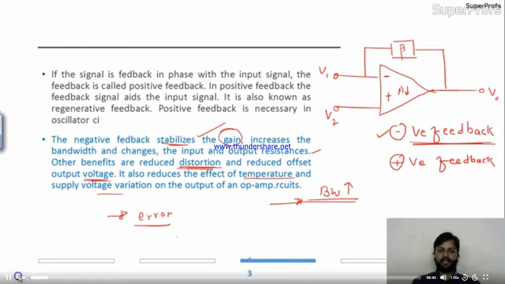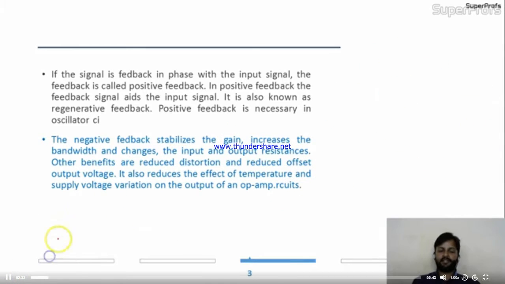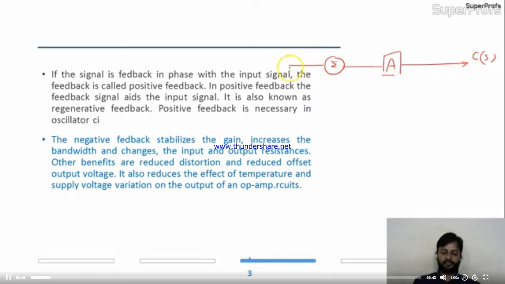Now if I compare this with a control system block diagram, this is the gain of the system. Here you are taking the output, let's take it C(s). At this stage you are applying the input, let's take it X(s), but you are sampling the feedback from the output.